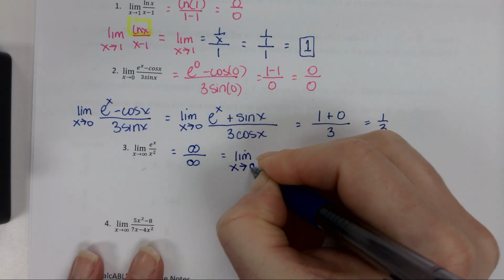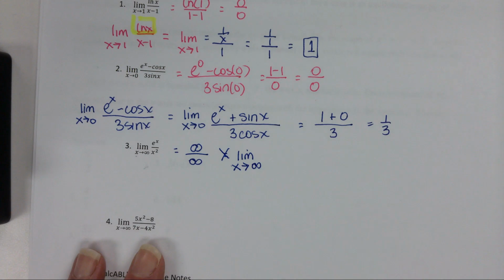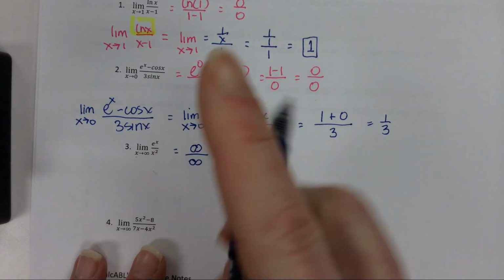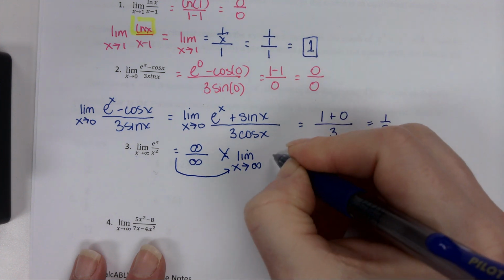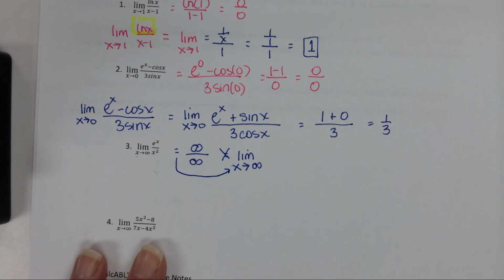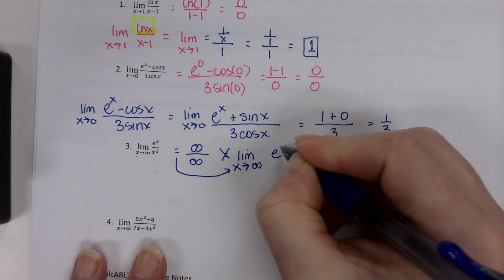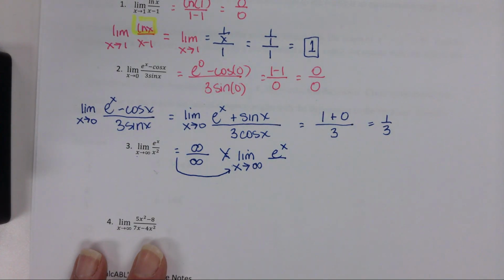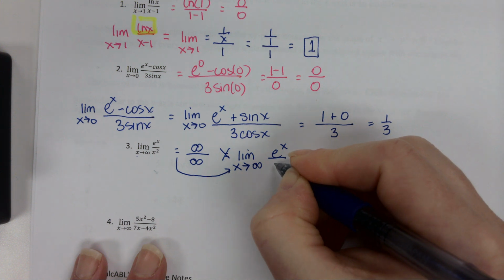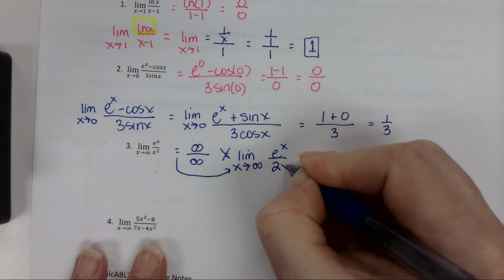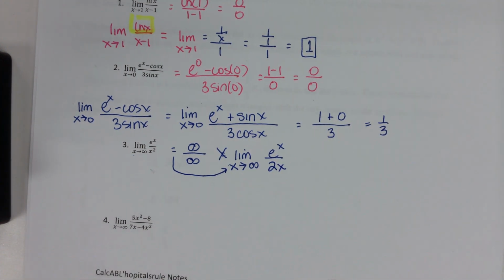This is equal to the limit of, what's the derivative of e to the x? Still e to the x, but what's the derivative of x squared? 2x. Okay, hold on a second. Don't I still get infinity over infinity?